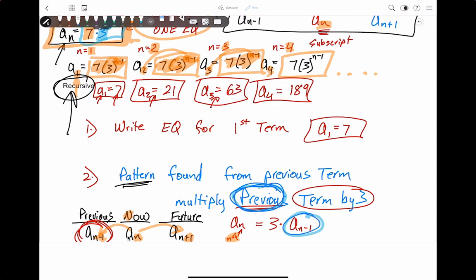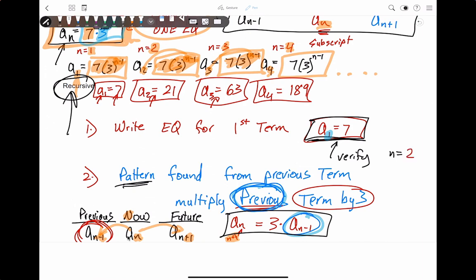So both of these equations, let me go ahead and box these. Both of these equations here and here are necessary in order to create this recursive formula, okay? And a way that you can see it is, what if we wanted to find the second term with this recursive formula?